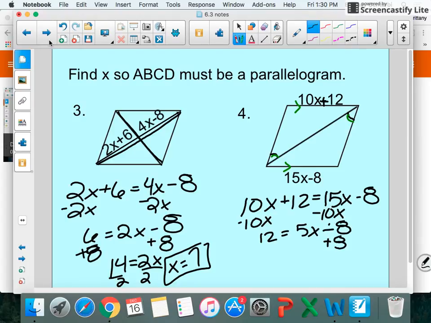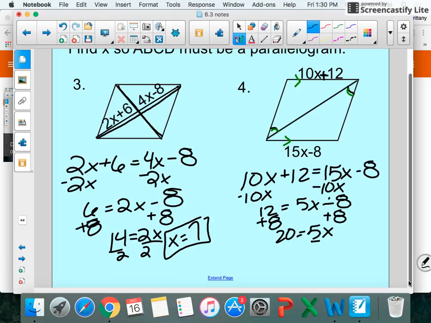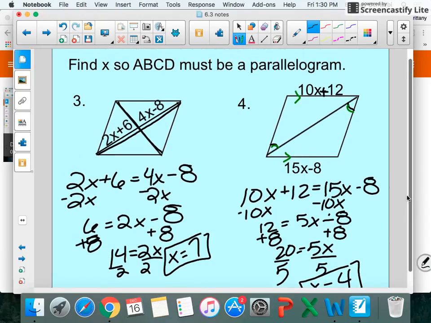And then I'm going to add 8 to each side. And then lastly, I'm going to divide by 5, so that will give me x equals 4. So now I can say that this is a parallelogram if x equals 4 because I'd have the congruent sides, one pair. Then I'd also have the parallel lines.